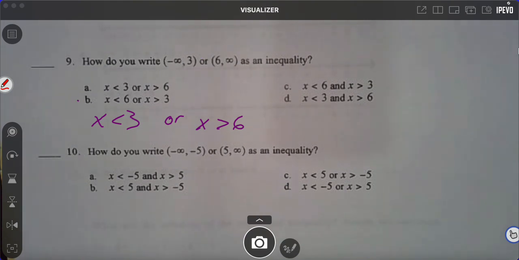Okay, so number 9 was what? A. Now what did y'all get for number 10? D? Okay, yeah, so it's going this way, so it's less than negative 5. It has the word "or," and that one's going that way, so it's greater than 5. So yes, it is D.